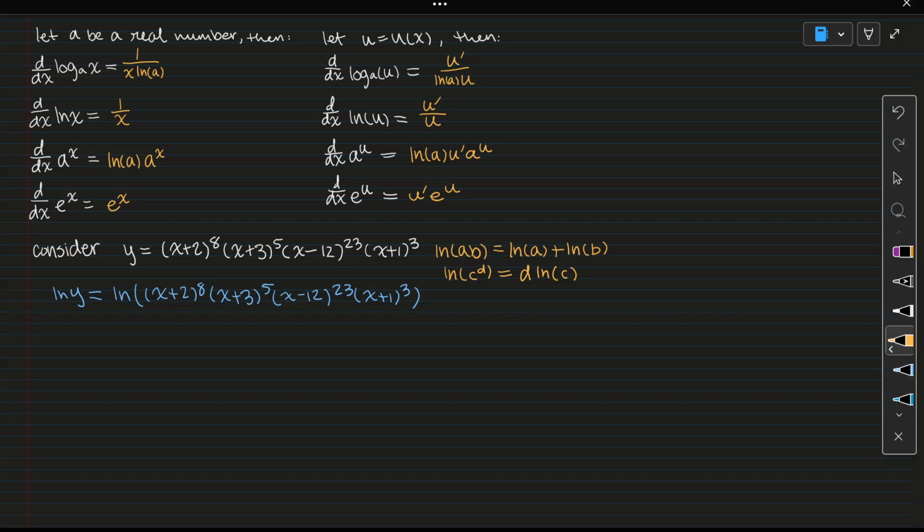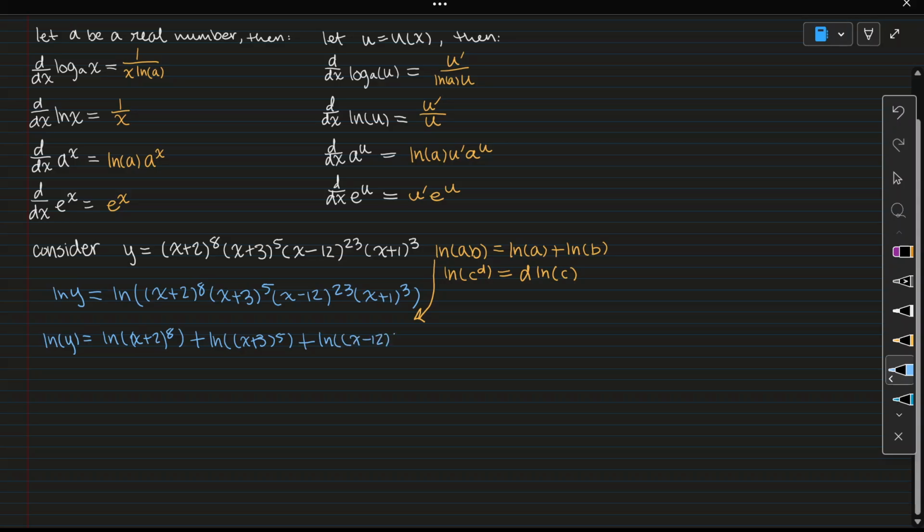So let's apply that to this here. I'll apply that first rule to this step. So I'll have that ln of y is equal to ln of (x plus 2) to the 8th plus ln of (x plus 3) to the 5th plus ln of (x minus 12) to the 23rd plus ln of (x plus 1) to the 3rd.